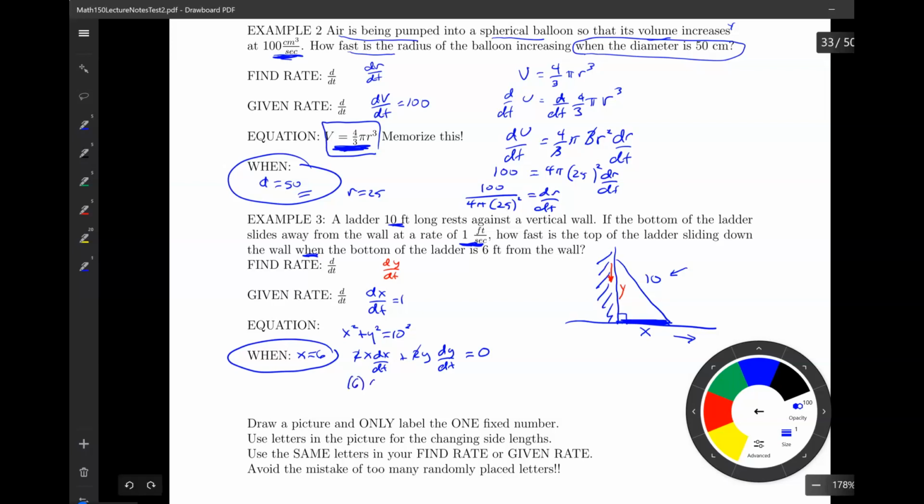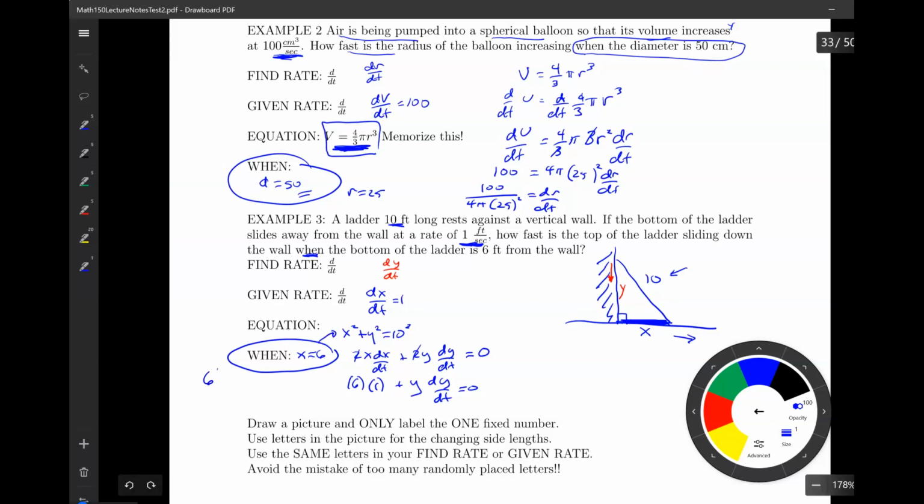x is 6, dx dt is 1, y I don't know right now, and dy over dt is what I'm trying to find. So this is the time I use my when information back into my original equation.